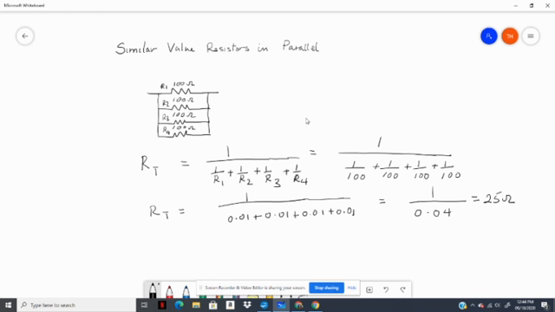So we can write that RT for any similar value resistors in parallel is equal to R divided by N. So that's the general formula for N number of resistors of similar value R in parallel.